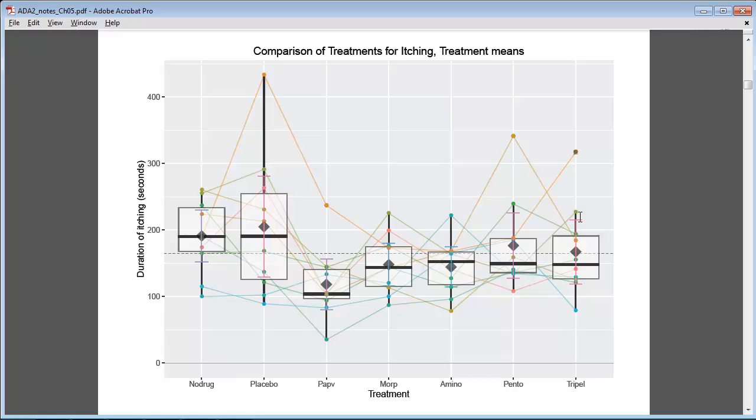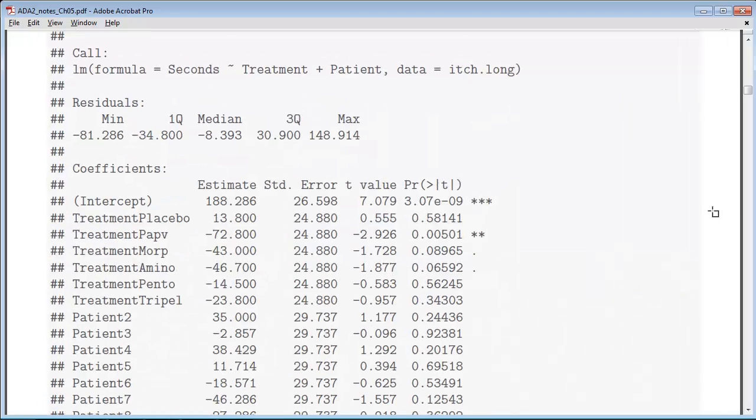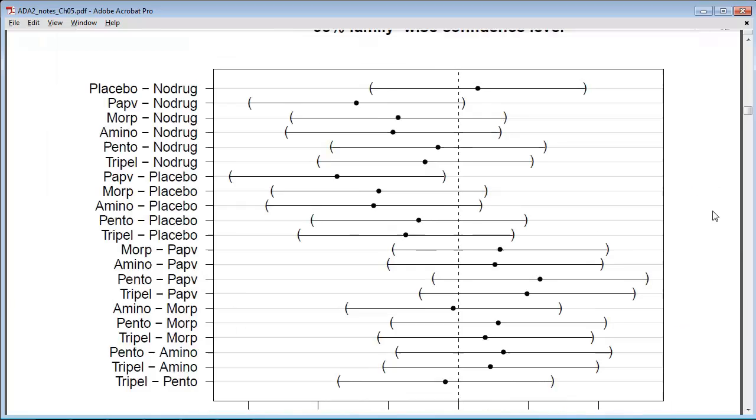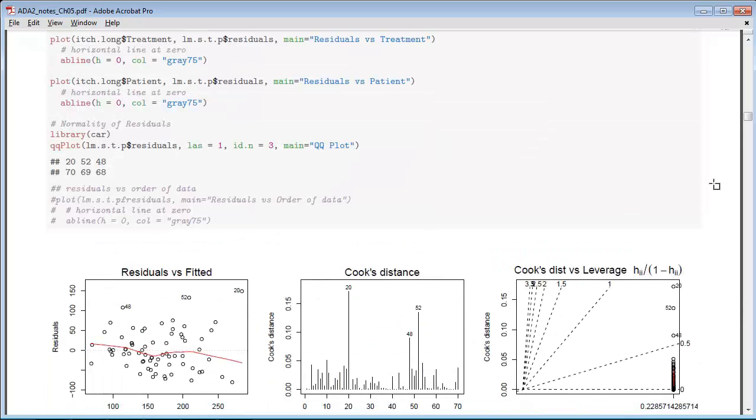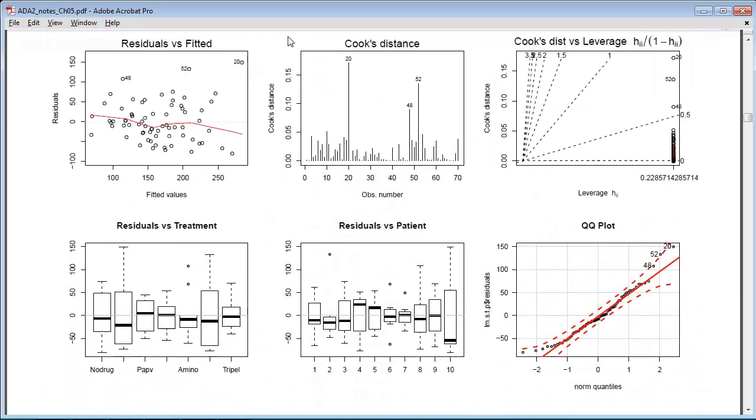This last one for the tripel looks like the same as this person up here. This gold is a different shade gold than this orange. Anyway, so maybe the difference is partly due to the strong influence of observation 20, which was sort of an outlier in that vertical direction.